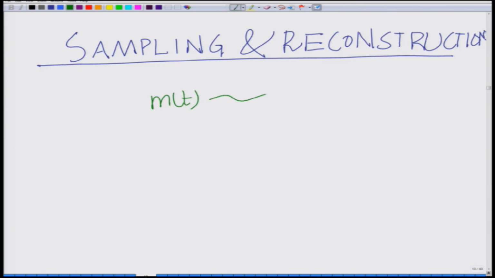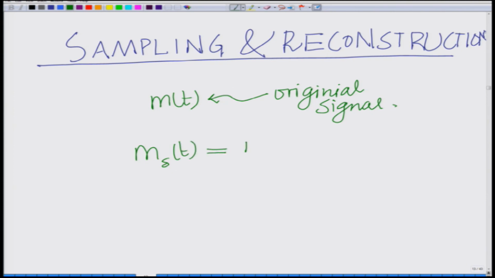is your original signal. Now, the sampled signal m_delta(t) is given by multiplying this by an impulse train, that is m(t) times summation n equal to minus infinity to infinity delta(t minus nTs).